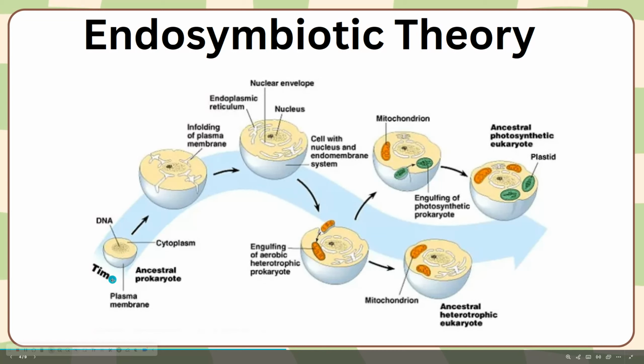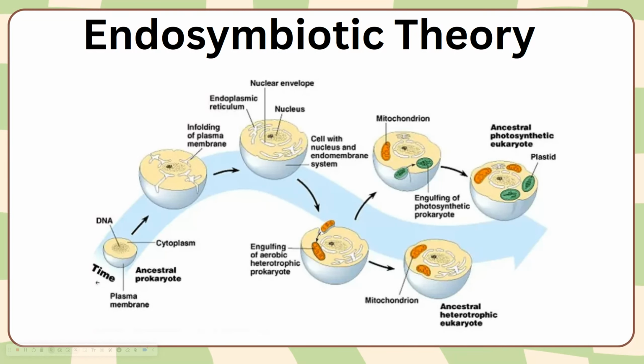Well, if we start here at this little wavy timeline, we've got our prokaryotic cell with its DNA, with its cytoplasm, with its plasma membrane. And over time, that cell grows and gets bigger and bigger, but then it's sort of too big to function well.